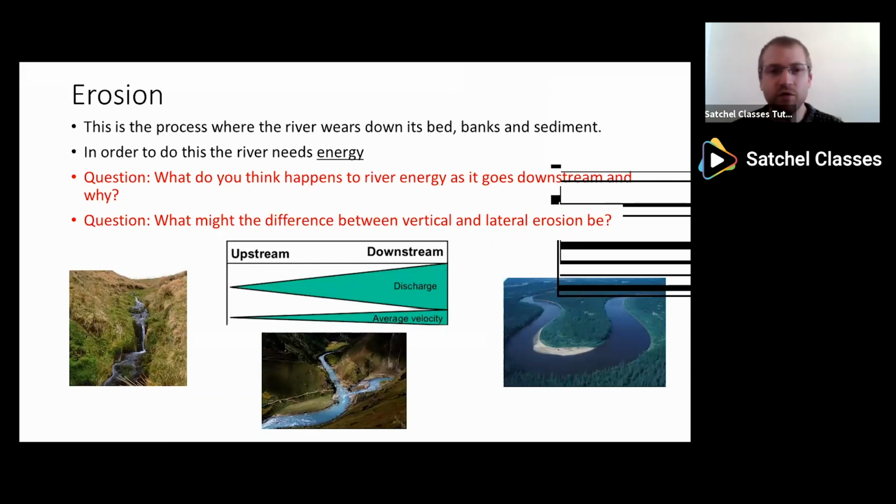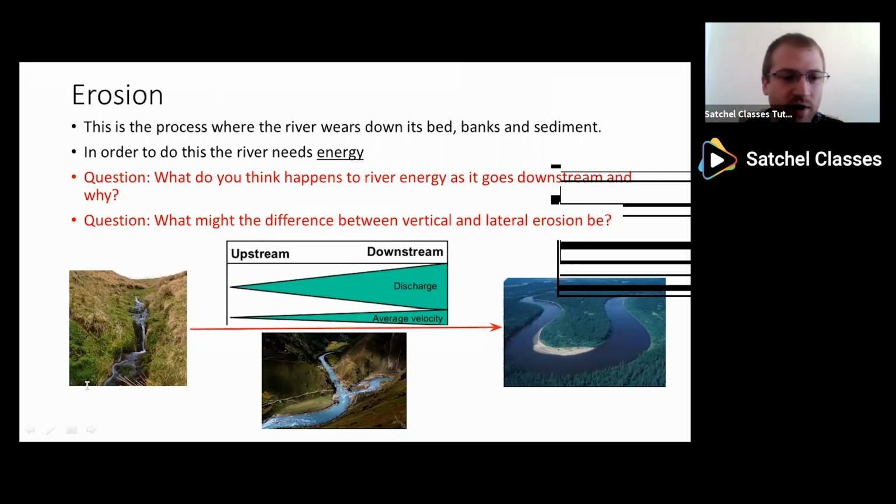So first of all, we will start with the top question. What do you think happens to the river's energy as we go downstream, from the upper course to the lower course? So ultimately, we are following this route of the river, going from here to here. What do we expect to see happening to the river's energy?